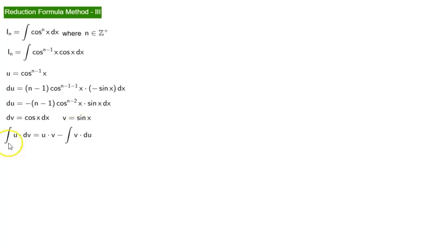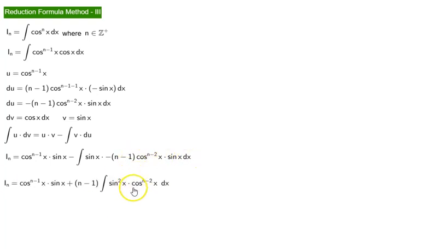And now we apply the reduction formula. So when we apply that, what do we get? We get u times v. So u is cos to the power of n minus 1 x times v is sin x, minus the integral of v du. So v is sin x and du is minus n minus 1 times cos to the power of n minus 2 x times sin x dx.